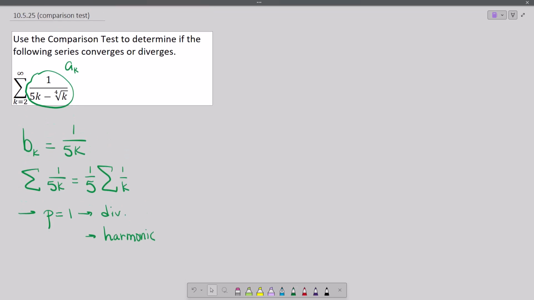So, we come back up here with the comparison test. We are comparing the a sub k with the b sub k. And the question is, do we want the a sub k, the series that we're analyzing, to be greater than or less than the b sub k, the series that we built that diverges?